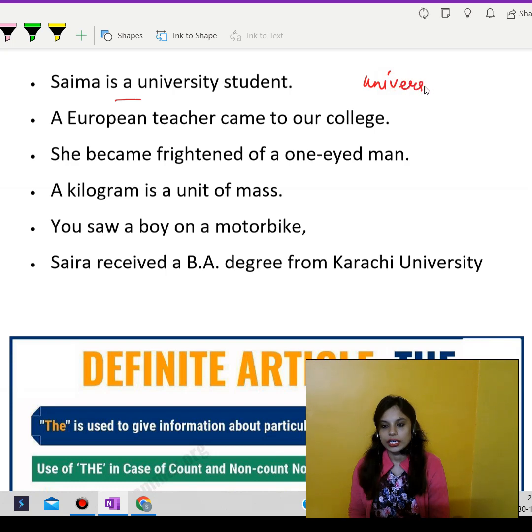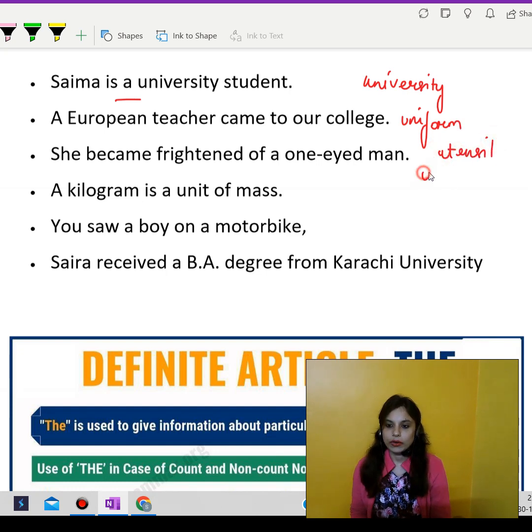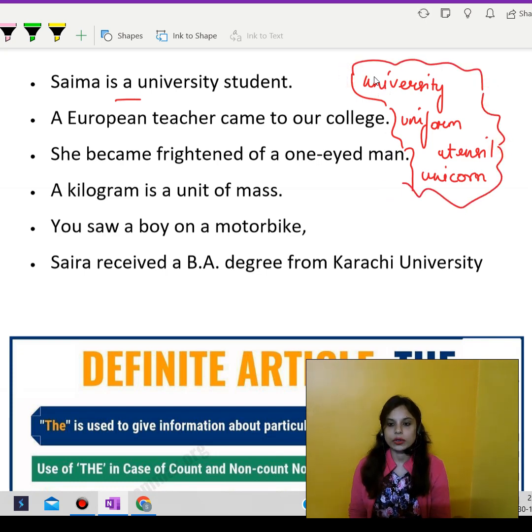in front of university, then uniform, then utensil, unicorn. In front of these words, an will not go. Though we know the basic concept provided to us since childhood is that in front of vowels, an will go. But even after this, in front of these words, we are not going to use an. We are going to use a for all these.